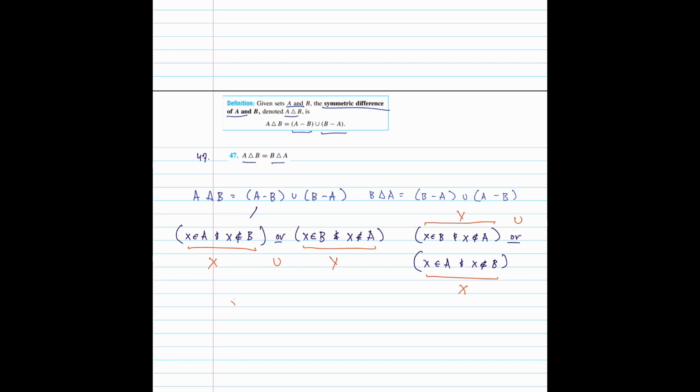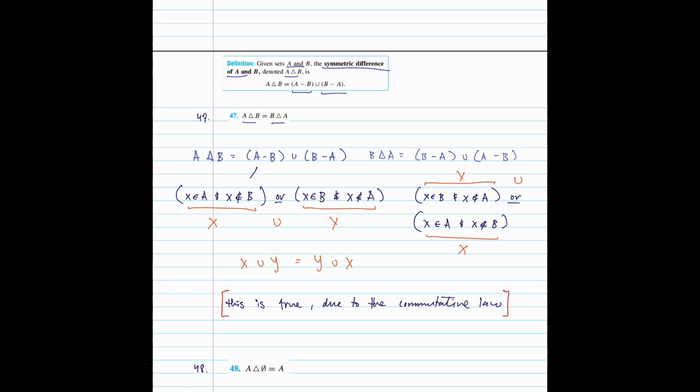If we simplify, we're seeing if X union Y is equal to Y union X, and these are the same. X union Y and Y union X are the same due to the commutative law. Right, so that proves that both of those are the same.